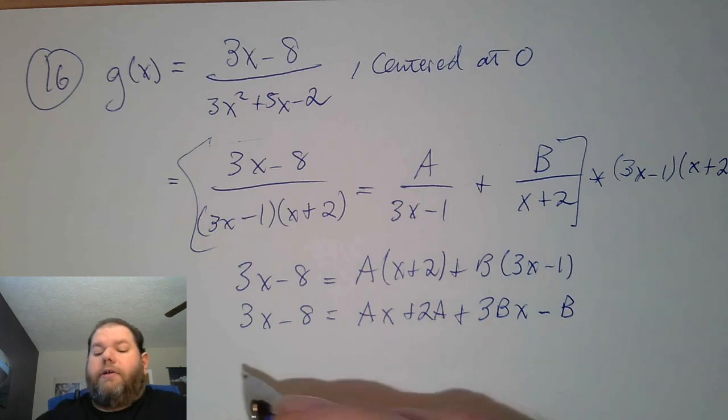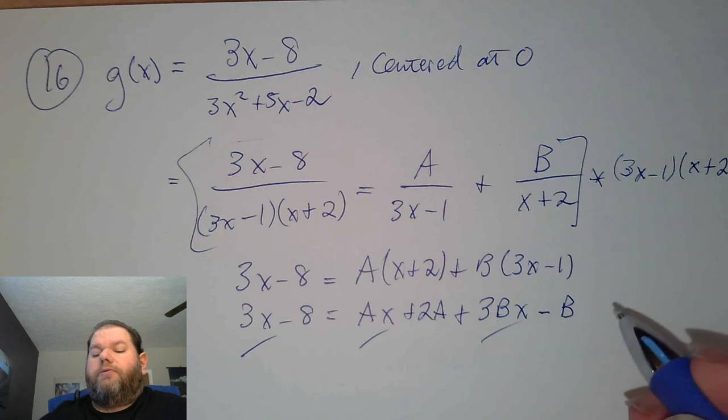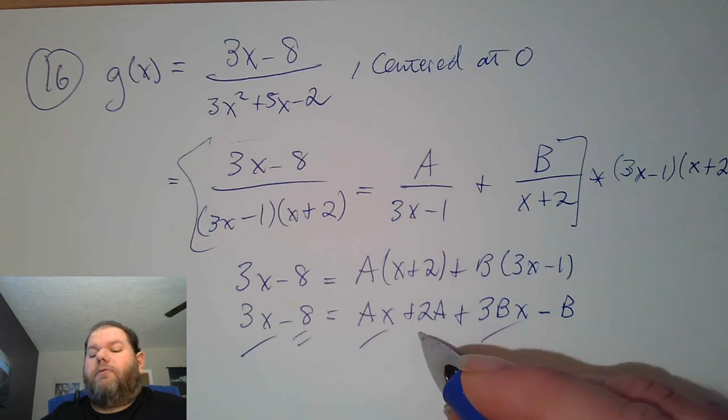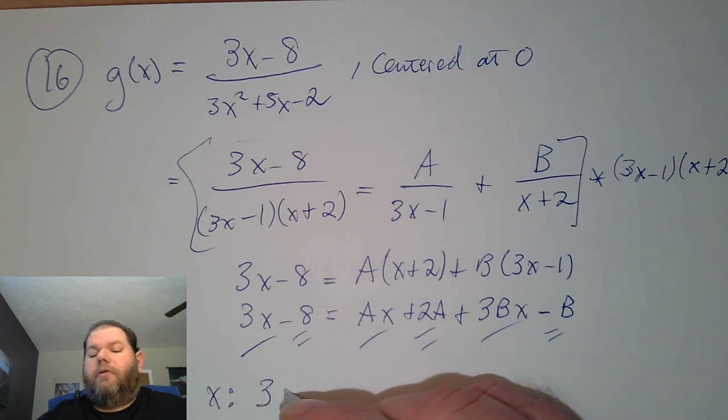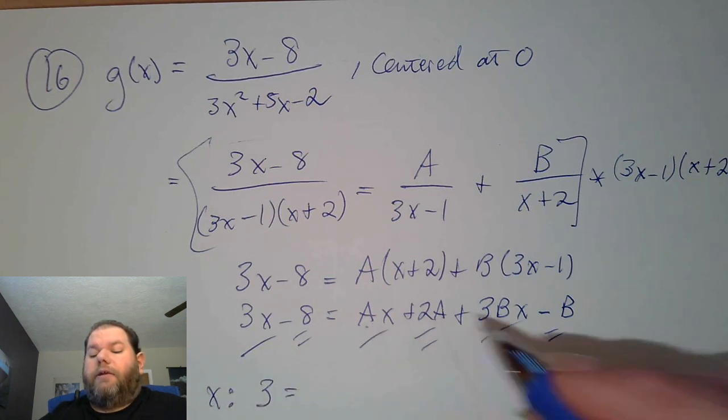And then our x's, we know those will all be equal to each other, and then our constants will be equal to each other. So for our x's, we have 3x equals ax plus 3bx, so we can say 3 is equal to a plus 3b.